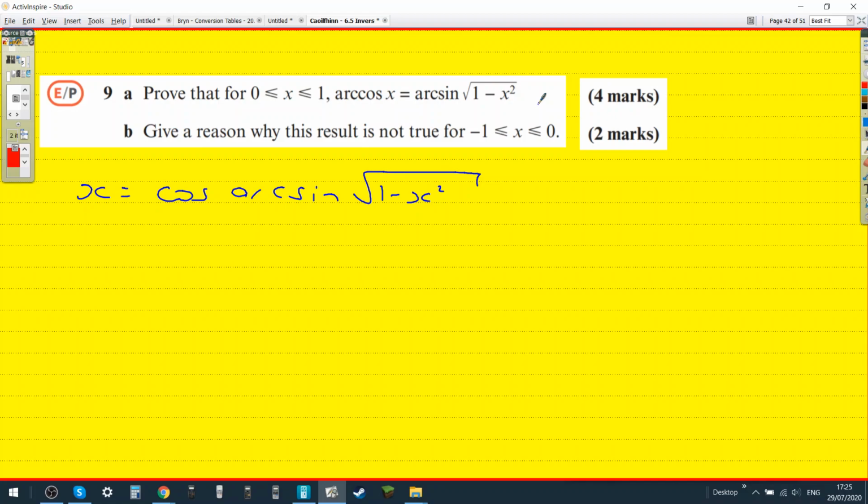Okay. Any ideas there? I'm not really sure.